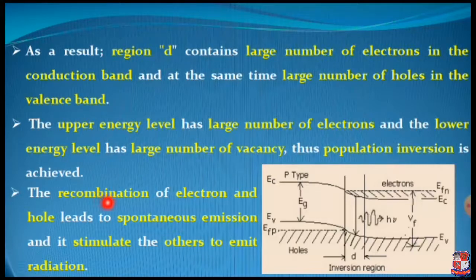Due to this, recombination of electrons and holes leads to spontaneous emission and it stimulates the others to emit radiation. So the excess electrons generated in the depletion region result in the emission of photons, due to the mechanism of population inversion.